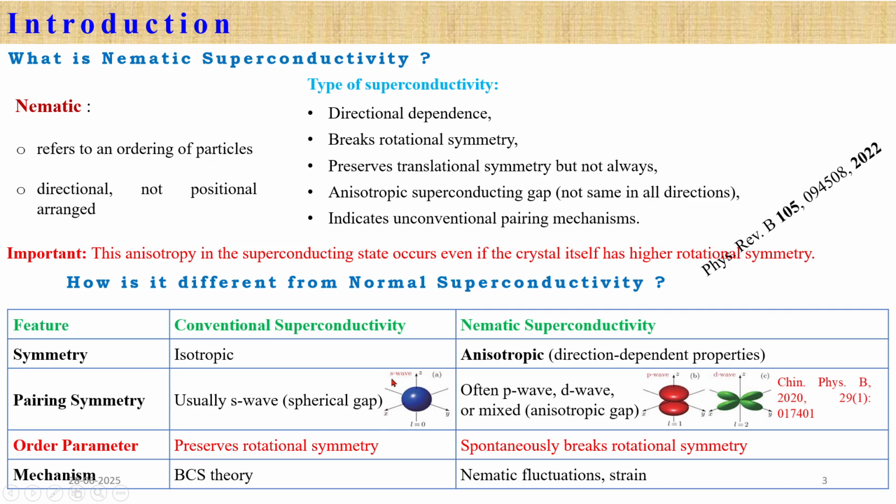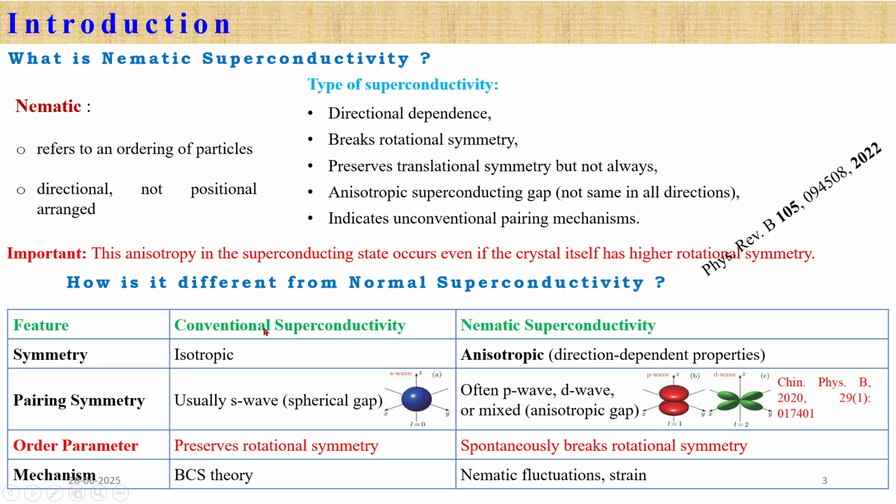But if this is the real space, and we compare with nematic superconductors, the gap is anisotropic and different in different directions. And like this, the p-wave and d-wave superconductors do not have the same gap in all directions, like the p-wave in px, py, and pz, they are different directions, and the superconducting gap is different. So this breaks the rotational symmetry, and this is nematic superconductivity.